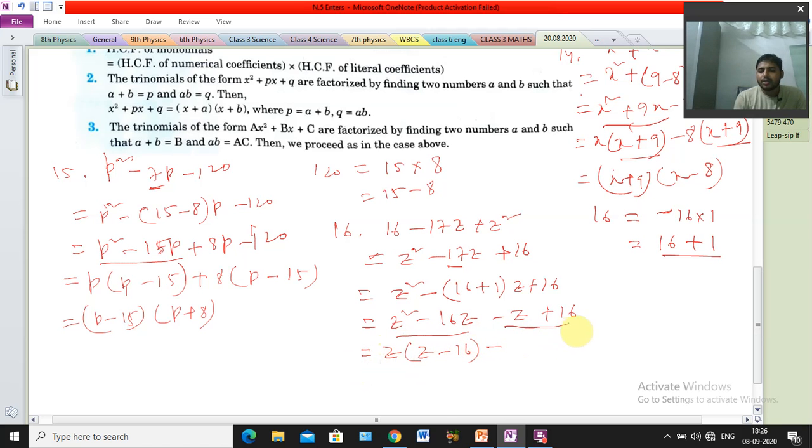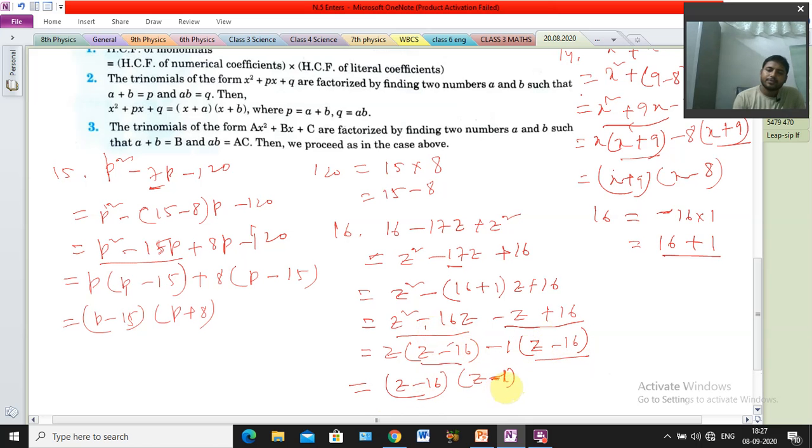And from the last two terms, we can take minus 1 common, so inside will come z minus 16, because plus 16 with minus 1 taken, another minus will come inside. Now see, in the bracket z minus 16, here also z minus 16, same thing is coming, so that means z minus 16, and another one will come, z minus 1.